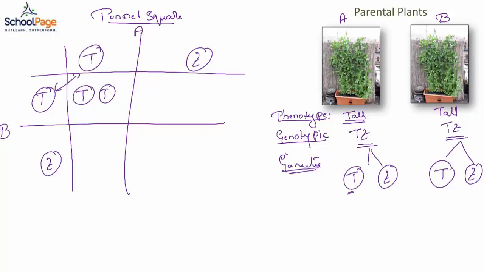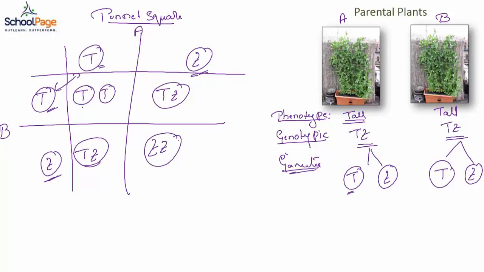The second chance is this T with this t, so it is capital T and small t. The third is this t with the capital T, so it will be capital T and small t, and the last one, the two small t's come together, small t and small t.